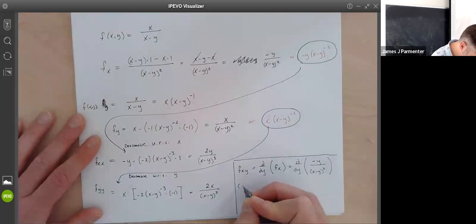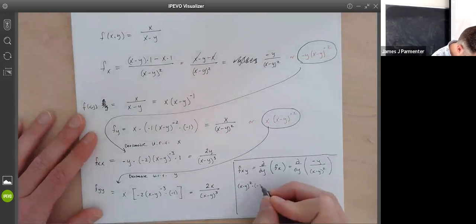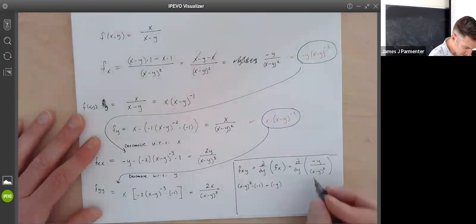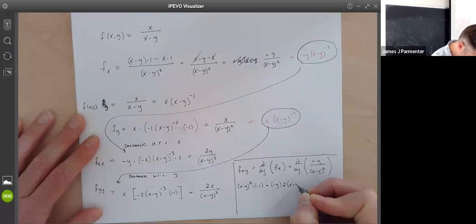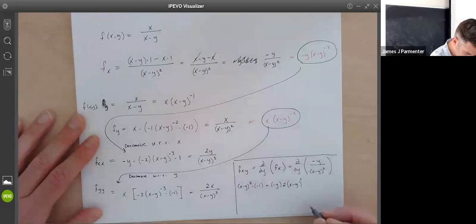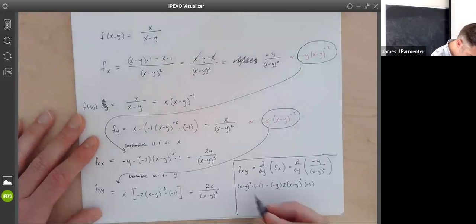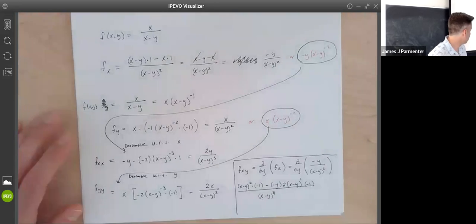We get the bottom times the derivative of the top, which is negative 1, minus the top times the derivative of the bottom, which is 2 times x minus y to the first times the derivative of x minus y, which is negative 1, all divided by x minus y squared, which is x minus y to the fourth.